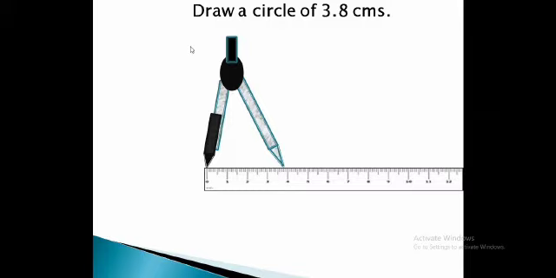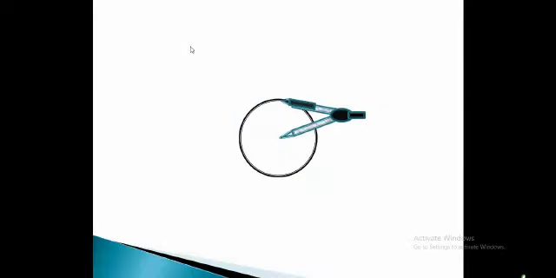Then you remove the scale. Then with the arm point on your book, with the same 3.8 measurement, without moving the compass, you draw a circle.